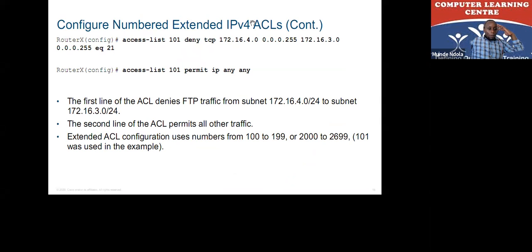If you didn't add the eq 21, that means you would deny the entire TCP connection from 172.16.4.x going to 172.16.3.x. But because we wanted to be specific on what should be denied on TCP, we said eq 21. When you say eq 21, that means FTP.